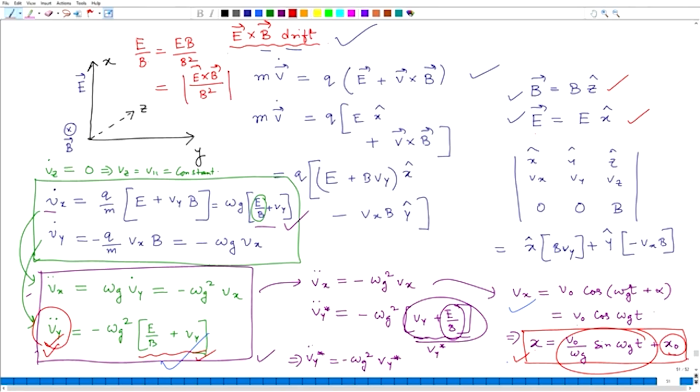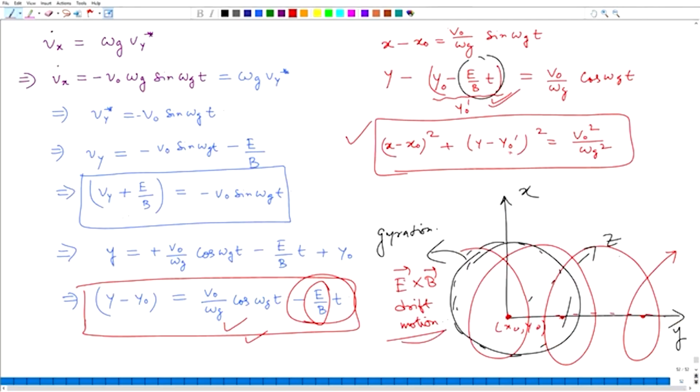And so, we can say that this Vy double dot is equal to minus omega g square times Vy plus some extra velocity type of term. Of course, everything here has a direction y cap, and E cross B will also be plus or minus y cap, that depends. So, you can think of this term to be an extra drift term, and that is why this is called an E cross B drift motion.